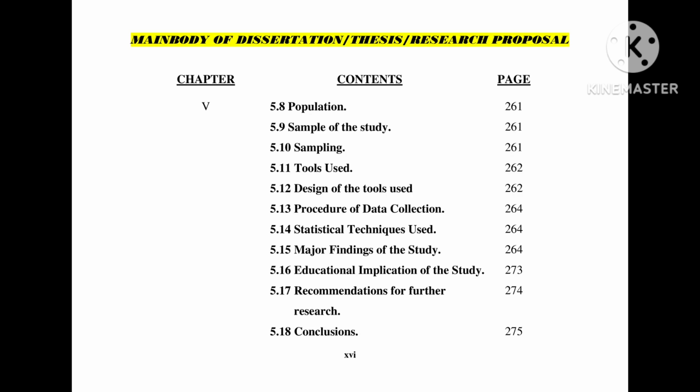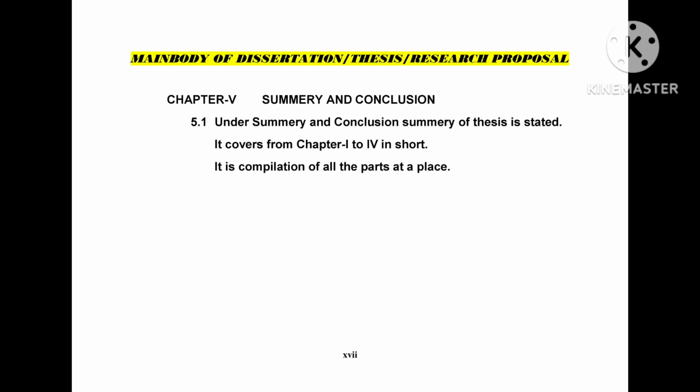In this way you are also watching 5.8 population, 5.9 sample of the study, 5.10 sampling, tools used, and design, procedure, statistical terms used, major findings. Here educational implication of the study is new. Then recommendation for further research is also new in this chapter, that is under chapter 5, summary and conclusion.